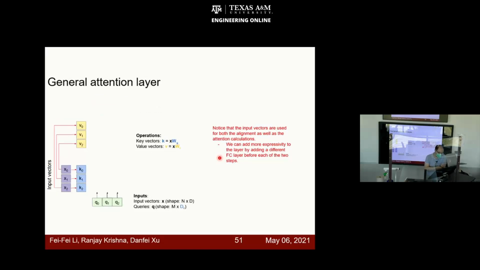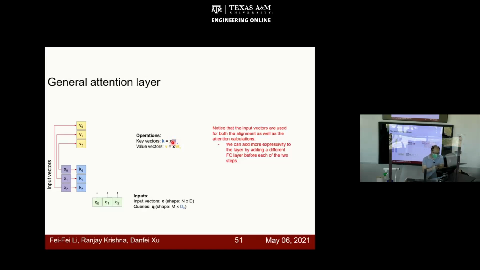Okay, so now we're talking about this major split. In other words, you have an input vector, but this input vector was, as I said, used in both alignment and attention calculation. So can we split them by introducing these additional fully connected layers? I will convert the input to keys using these parameters W sub k.